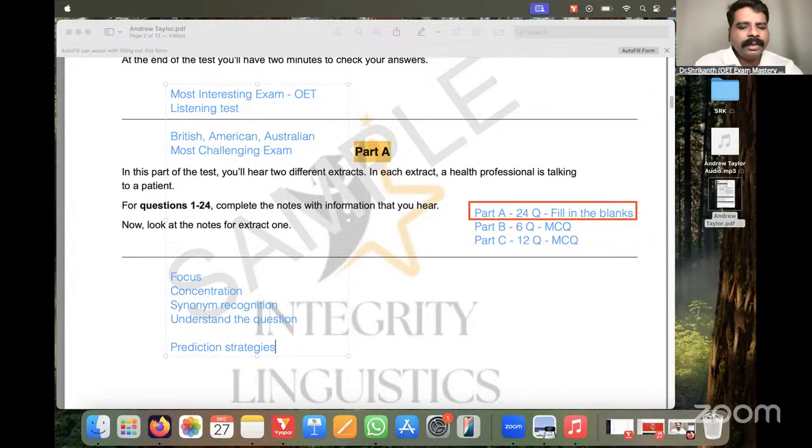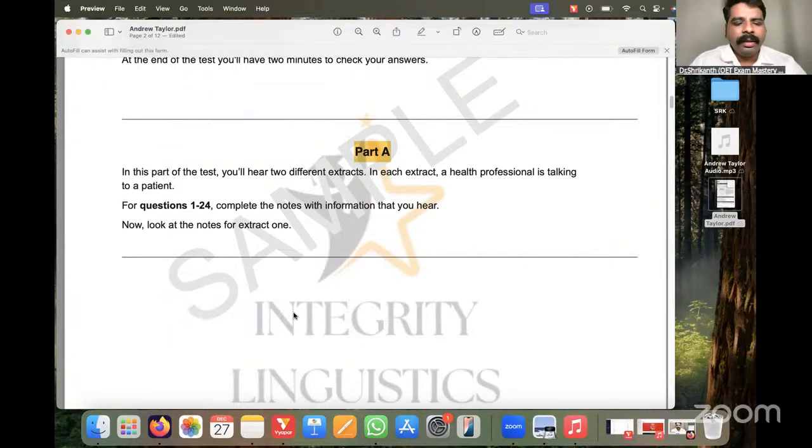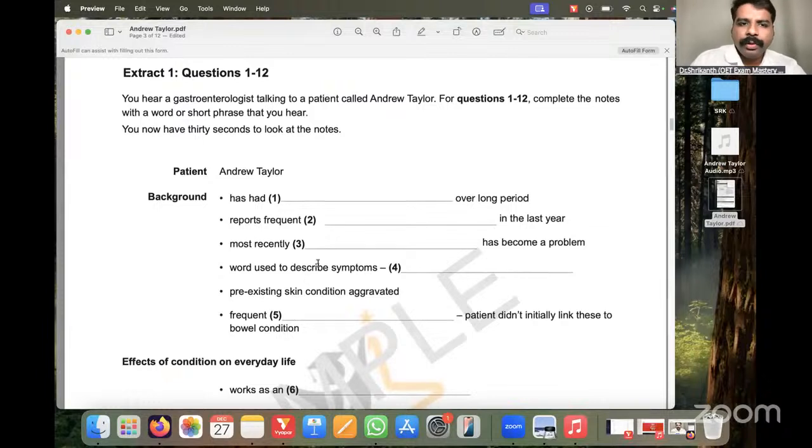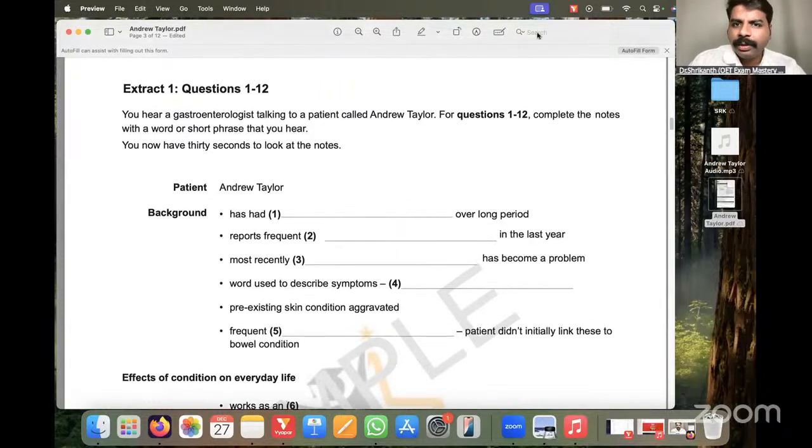In today's session, we will do a small practice related to listening Part A. If you stick with me, I guarantee it will be very helpful to you. Now, let's take a look at this particular question paper. When it comes to OET listening Part A, we have two extracts.